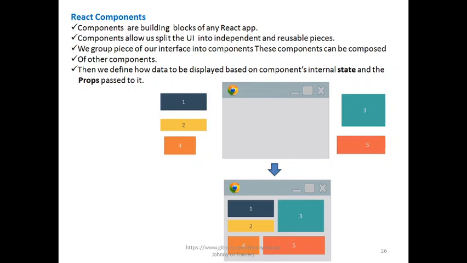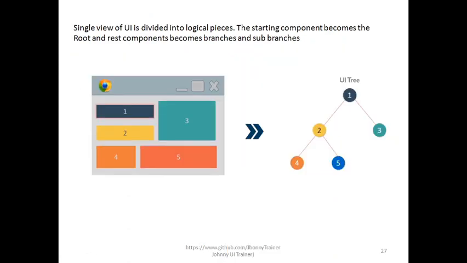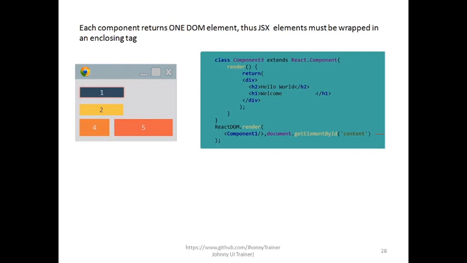If we look here, we can call this one the header component, navigation component, and footer component. These components are combined together to form a single view of a React application. These components will have a JavaScript class or a function.